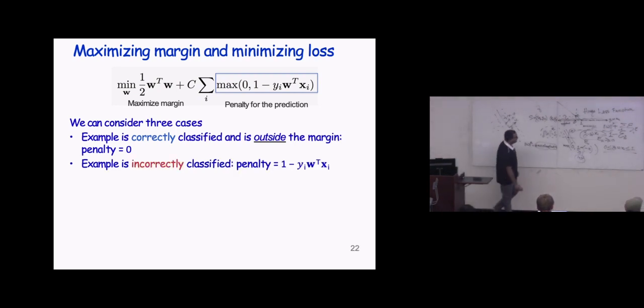The second one is somewhere here. Then we are doing a correct classification, but still we want to impose some penalty because you got so close.